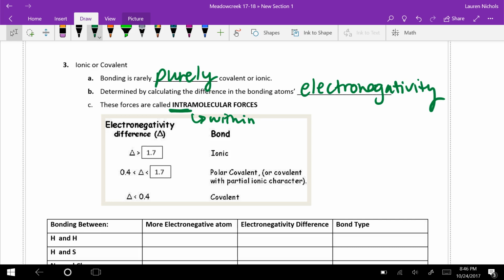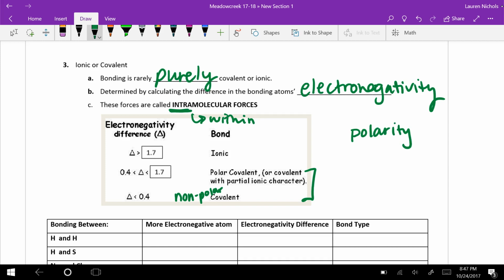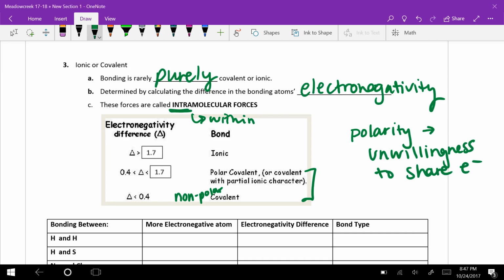Now, with these 3 types, notice that covalent compounds have been broken down into 2, polar covalent and non-polar covalent. Now, polarity refers to an unwillingness to share electrons, essentially. So ionic compounds don't share at all.